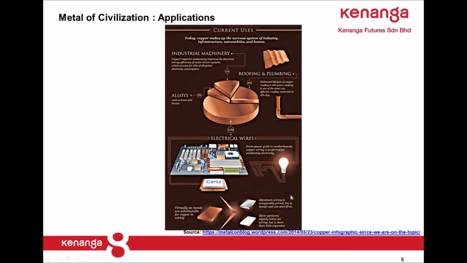If you compare to aluminum, the price is actually comparable, but in terms of safety, aluminum is not ideal to be used as a heat or electricity conductor. Others include 5% in alloying, 20% in roofing and plumbing due to its corrosion resistance, and 15% in industrial machinery.